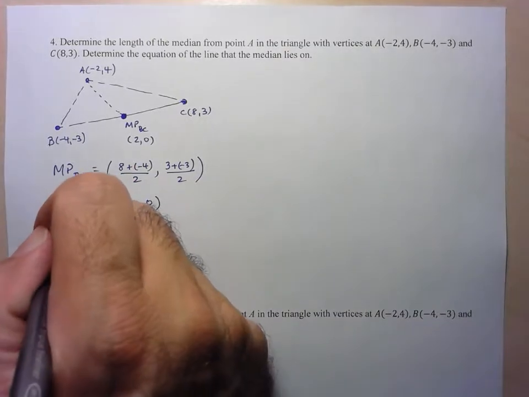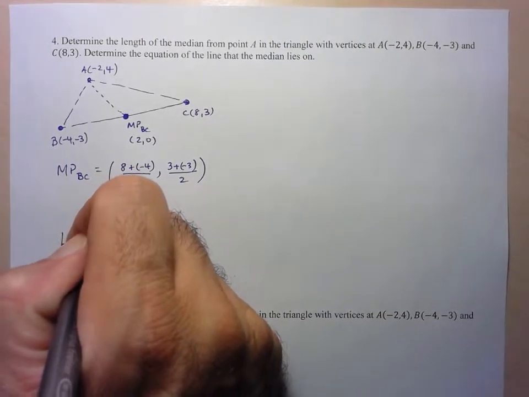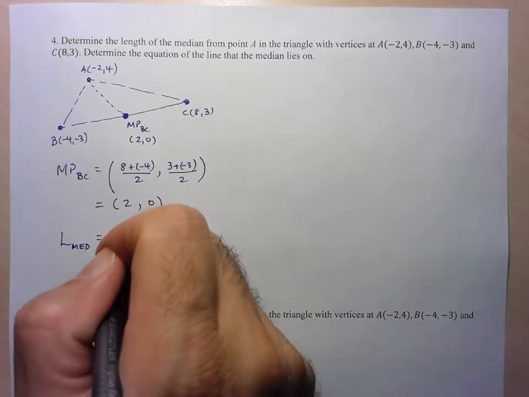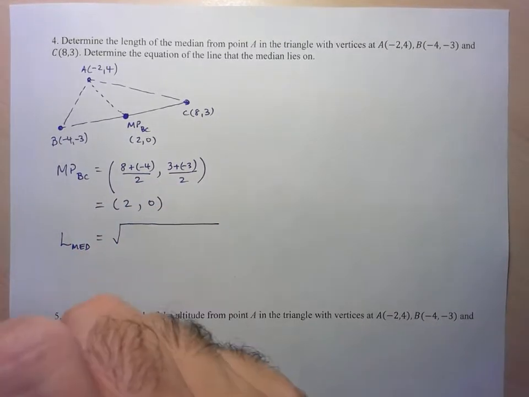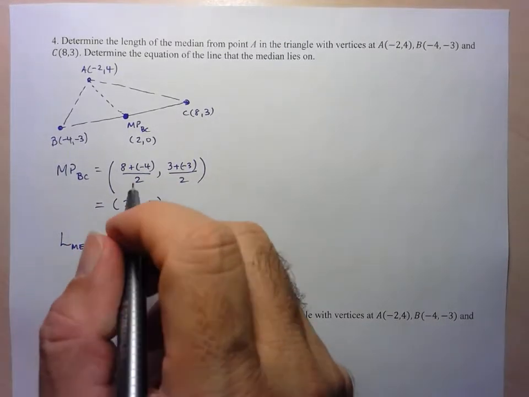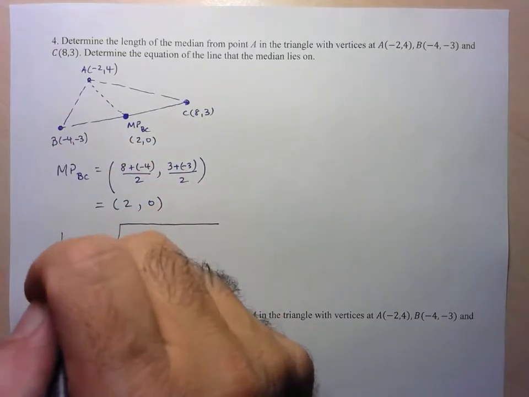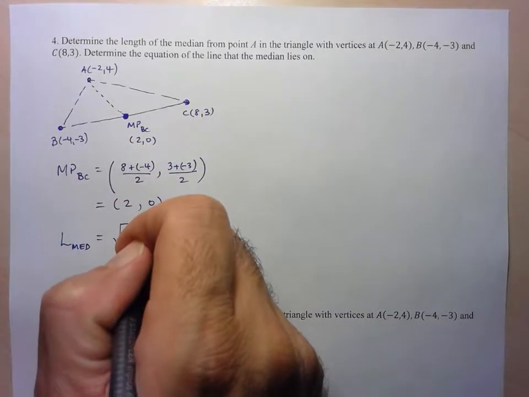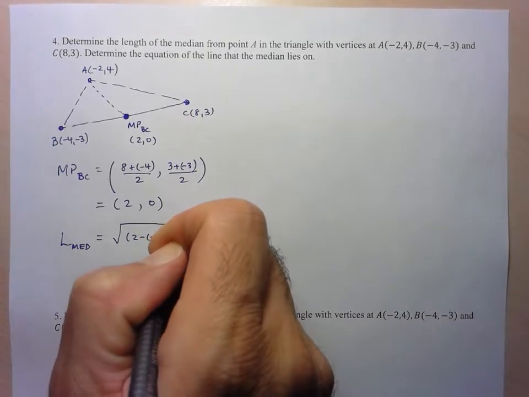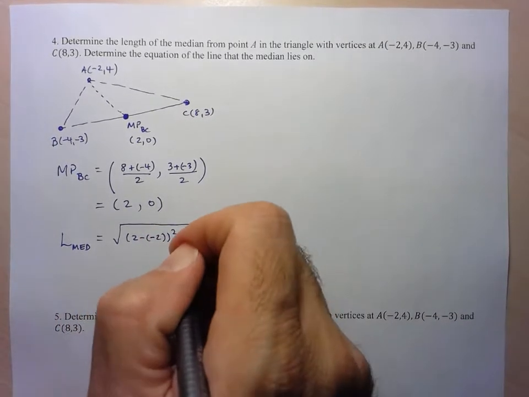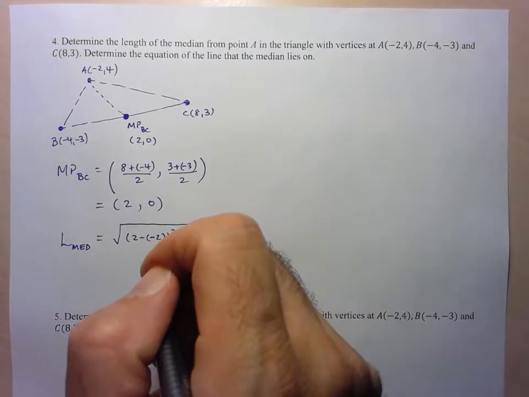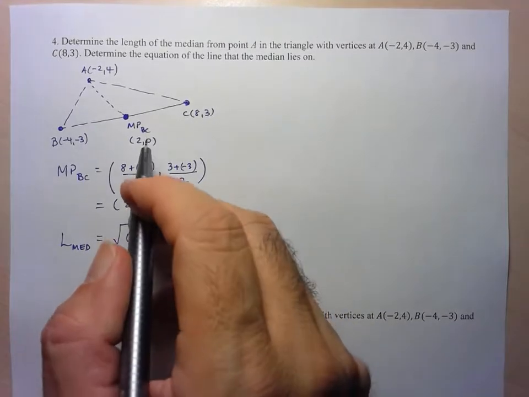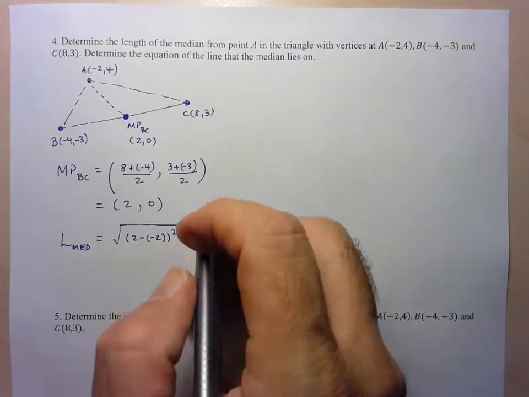The length of the median that I'm looking for is just going to be given by the distance formula. So, square root of the difference of the two x values. Here it's going to be 2 minus -2 all squared, plus the difference of the y values squared. So it's going to be 0 minus 4 all squared.